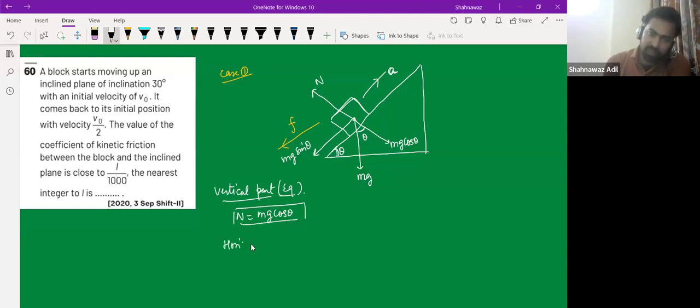Tell me the equation of the horizontal part. So remember, this started from here with the initial velocity u equal to v naught.